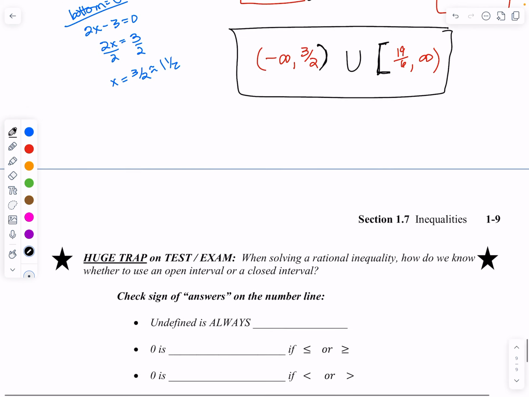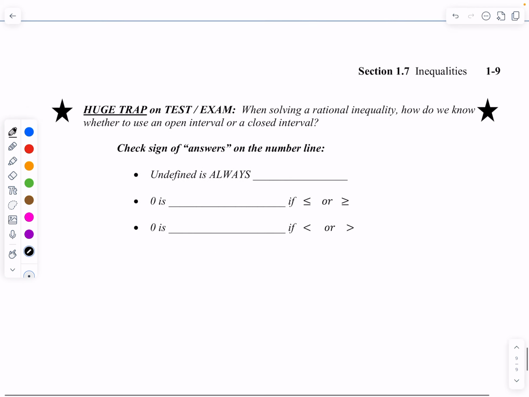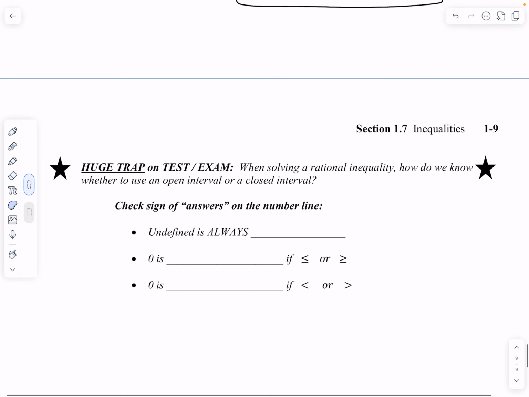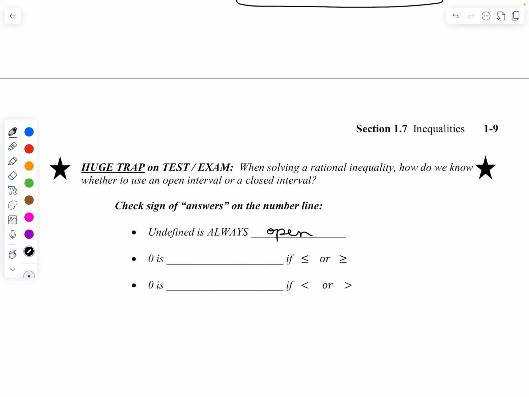So here's what to watch out for. Huge trap. Notice there's 2 stars, and this is written in bold, okay? So you need to check the sign of the answer on your number line. If it is undefined, like this one right here, then your answer is always going to be open, or another way to say that is going to be a parentheses, right?